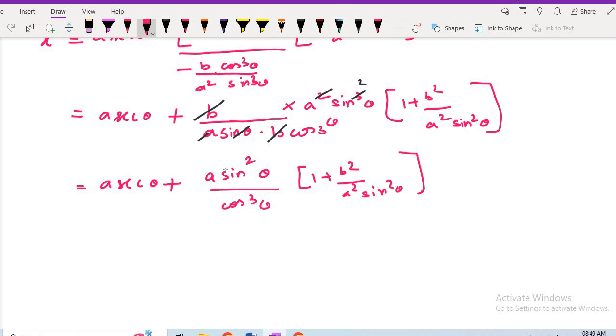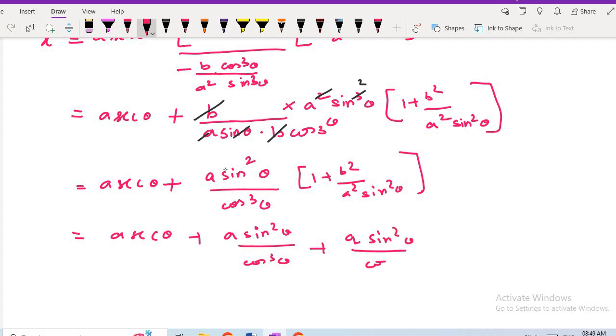So here a is already taken. Now we can write a into secant theta, and then plus, you can multiply this, a sine square theta divided by cos cube theta, and then plus a sine square theta by cos cube theta into b square by a square sine square theta.